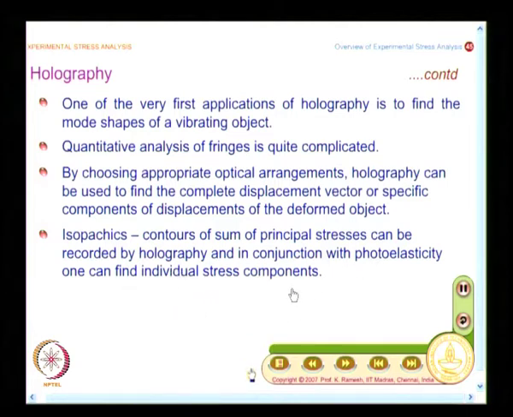Actually, in holography you told about the isopatchics, that is sigma 1 plus sigma 2. I did not understand how sigma 1 plus sigma 2 is a measure of the thickness. See, in the case of photoelasticity essentially we deal with planar models subjected to in plane loads.